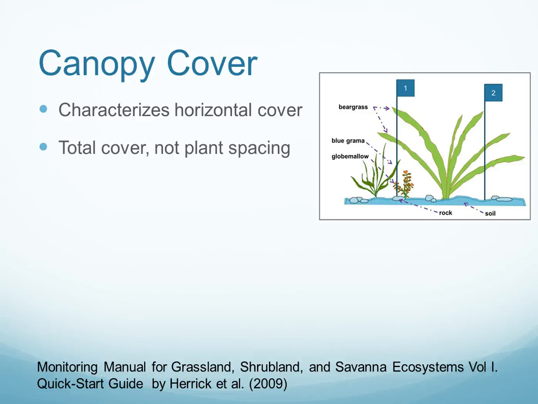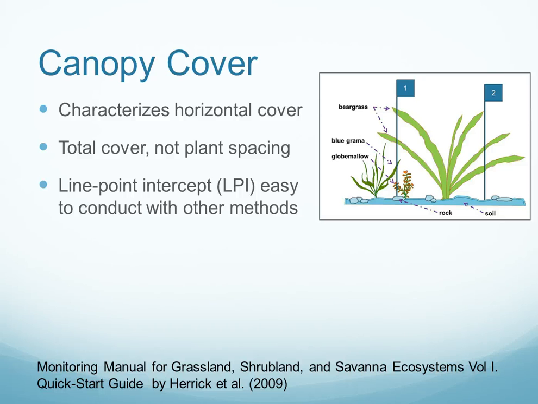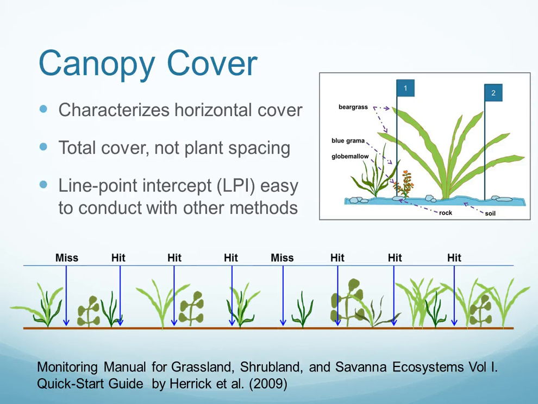We know that when we measure canopy cover and report it, we often are reporting total cover, but we don't have information about plant spacing. Line point intercept is one of the best methods to use when we are trying to describe vegetation structure because it is easily conducted with other methods that we will be looking at.